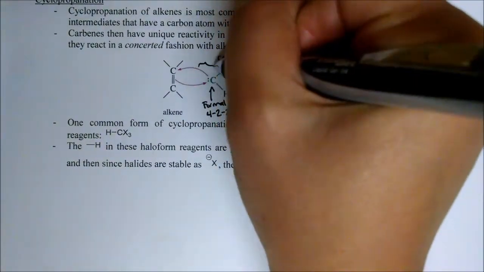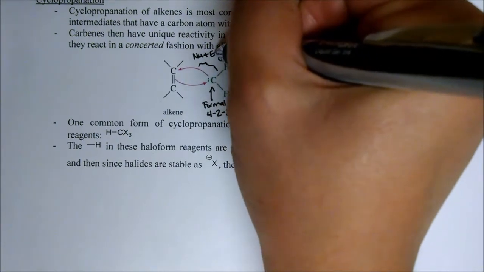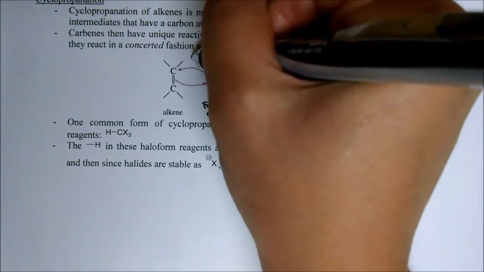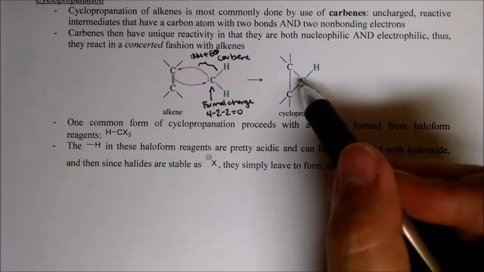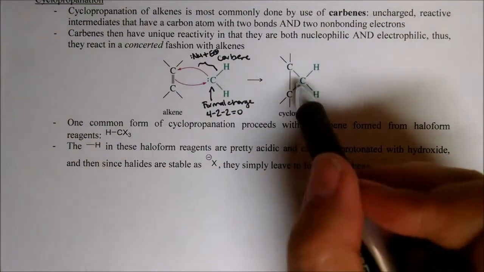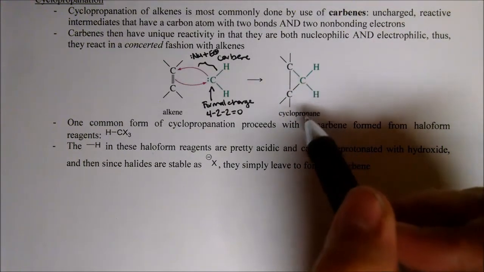So this guy is both a nucleophile and an electrophile at the same time. Super cool. And in doing so, we use the carbene to form the cyclopropane, this 3-membered ring, again with carbon, not oxygen.